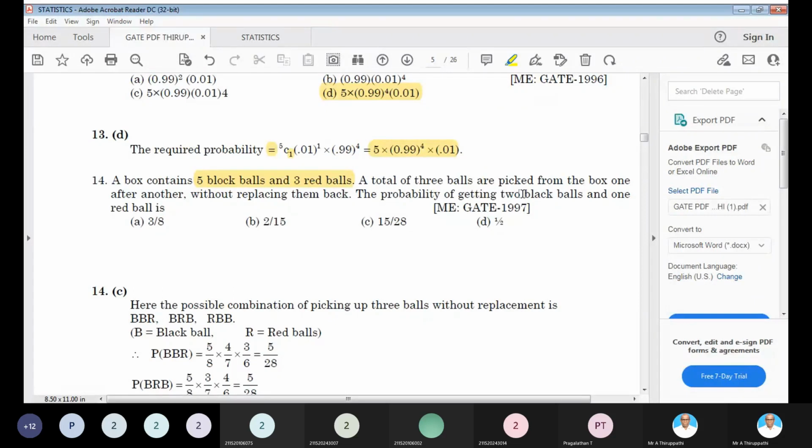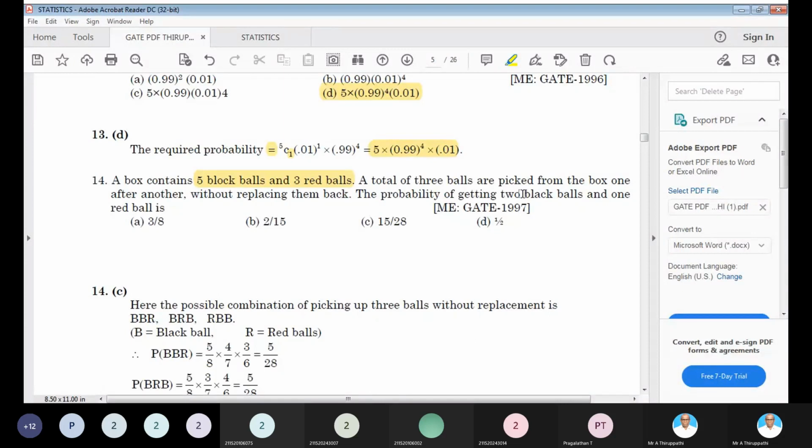How many red balls are given? 3. So totally 8 balls.